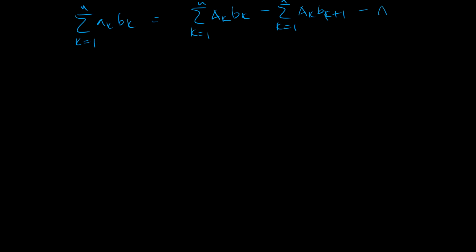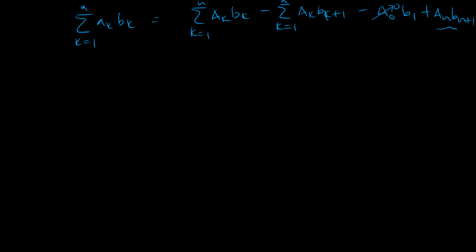So we've come to a situation where we have our sum being equal to A_0 b_1, but this is 0, this goes to 0, so we don't need that, plus A_n b_{n+1}.